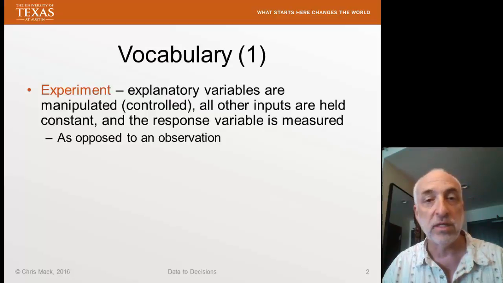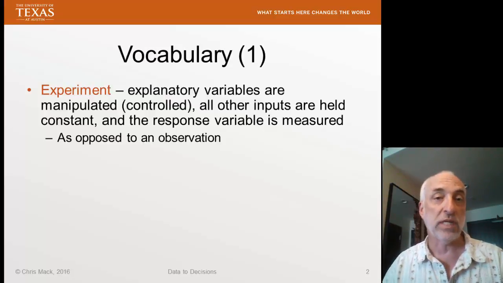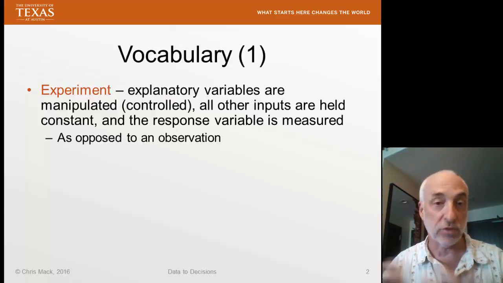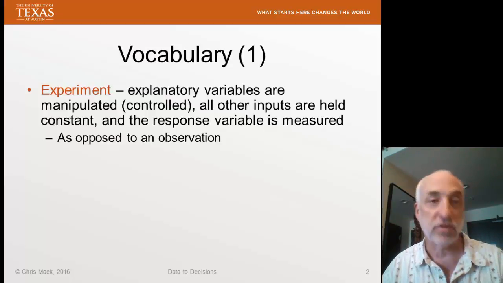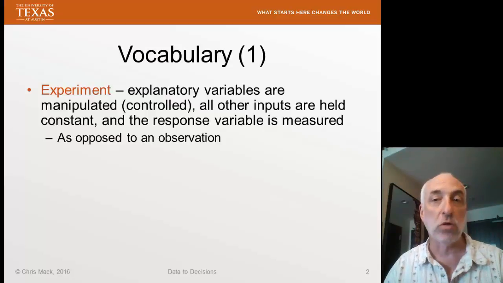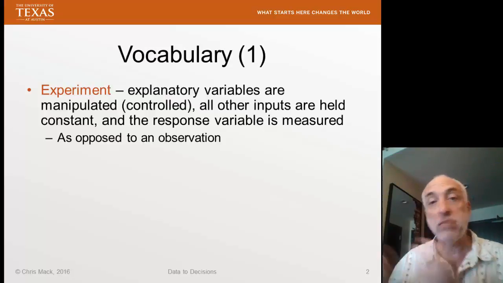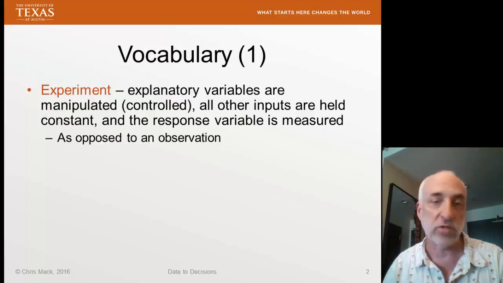This is the output, the dependent variable. We'll call it y. We'll call the explanatory variables x, x1, x2, x3 if there's more than one, and y will be the output. Now, an experiment is as opposed to an observation, where we're not controlling the input variables. In an observation, we're measuring the various inputs and then measuring an output as well, but we're not manipulating those inputs to be at specific values.